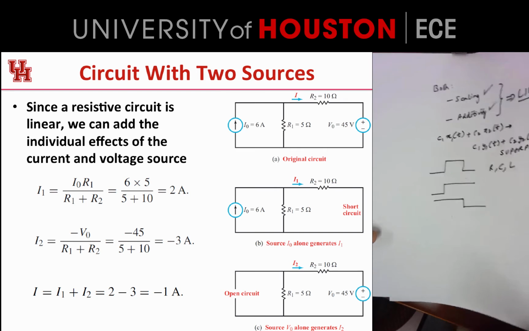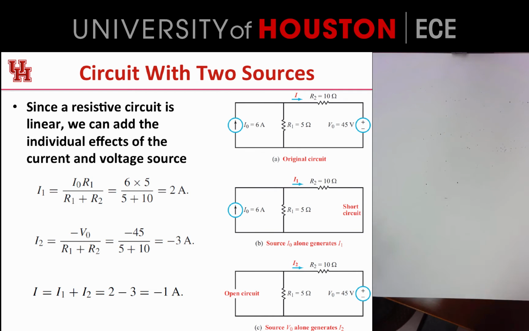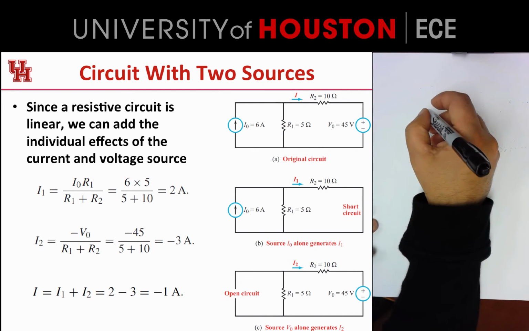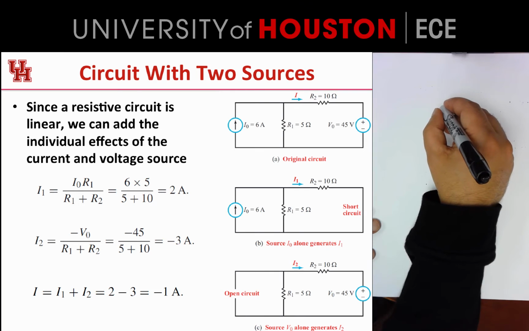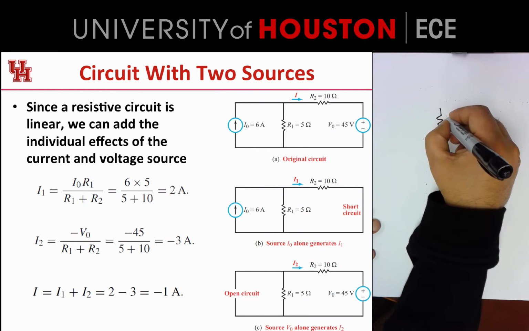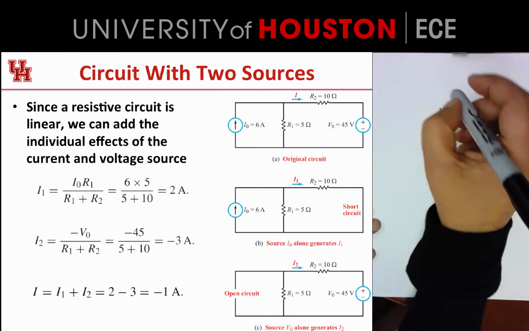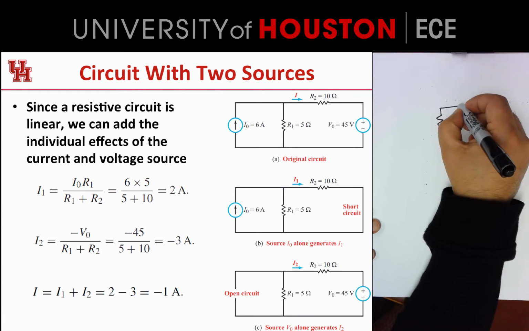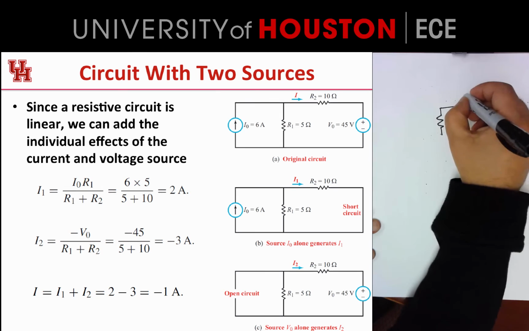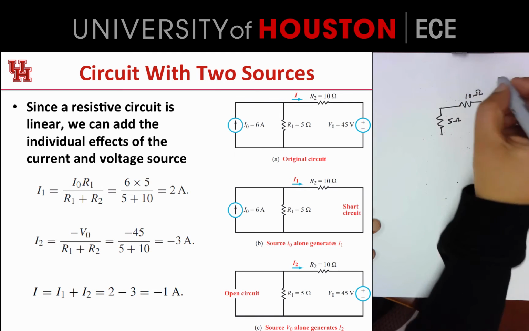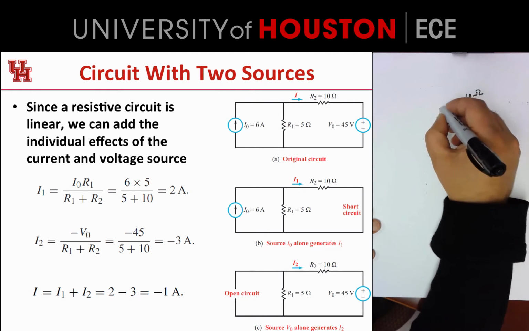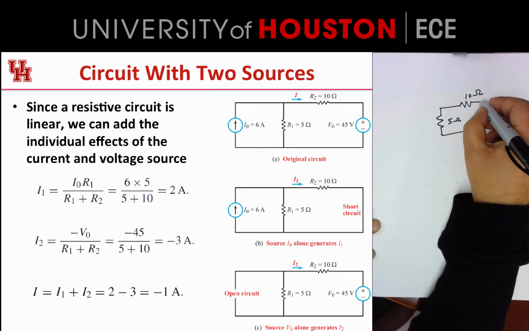Let's consider a very simple example that you see on your left. We have a simple two resistor circuit. You've got a resistor R1, which is 5 ohms, and a resistor R2, which is 10 ohms. Now this circuit has two sources.